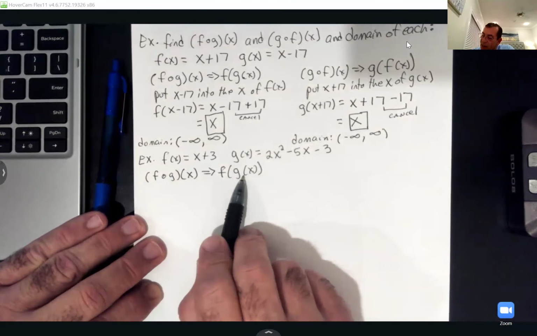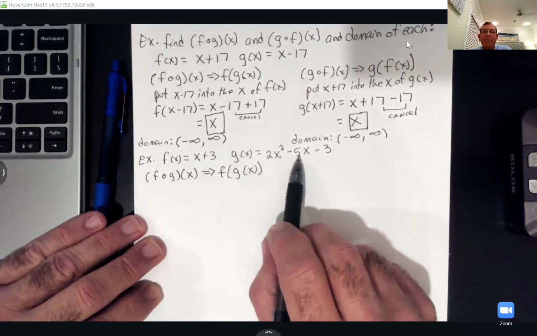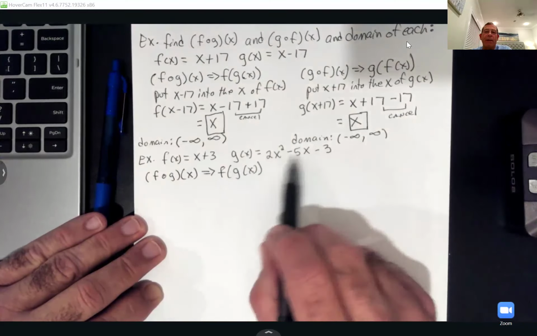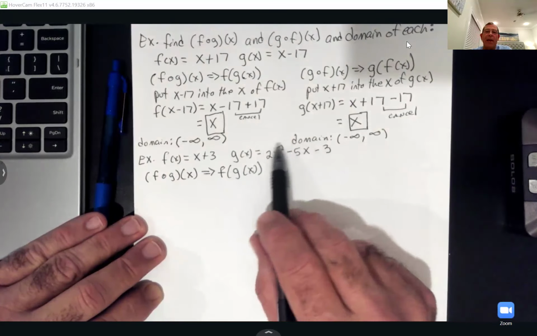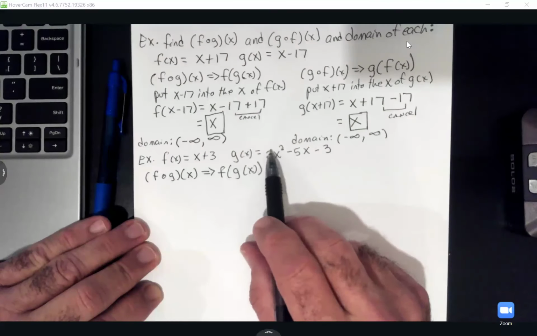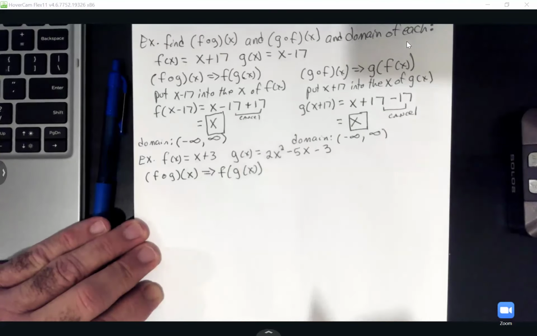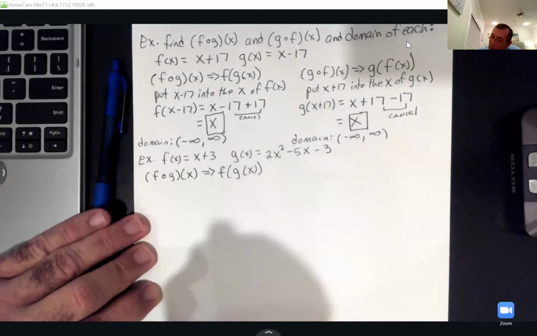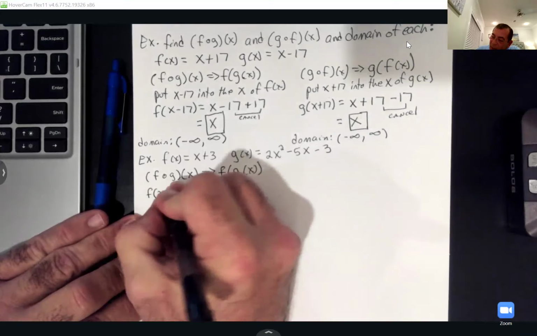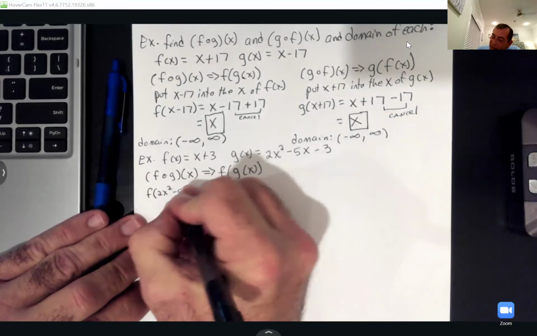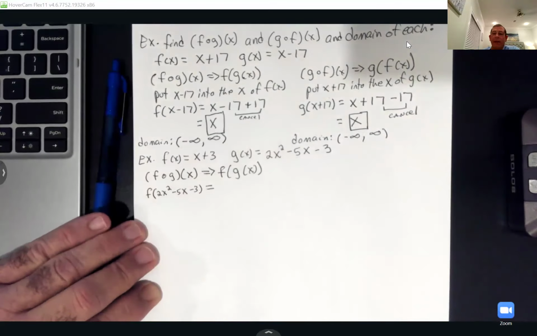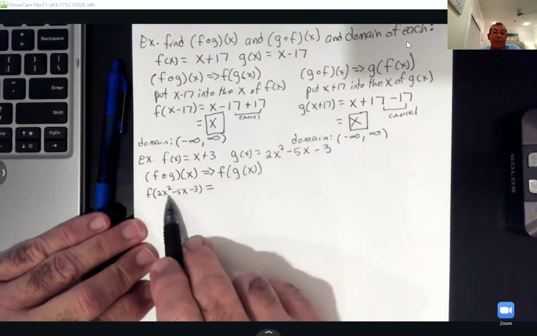So I'm starting with g of x, 2x squared minus 5x minus 3. They didn't give us a number to put in, so there's nothing we can do to that. This whole function is going to go into that x. So we're finding f of 2x squared minus 5x minus 3, because that is g of x, this whole thing.